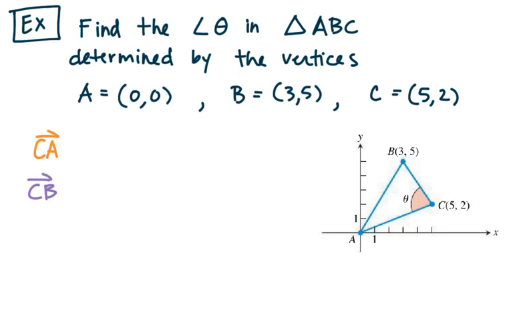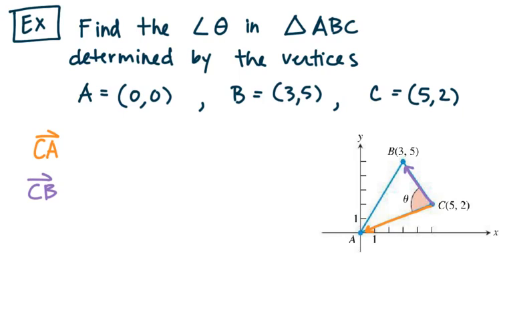Okay, so we have CA extending from C toward the origin A, and CB extending from C towards this vertex up at B. Now, how would we identify these vectors? If we were talking about the vector from A to C, we could say in component form, since this starts at the origin, that this is the vector 5, 2.